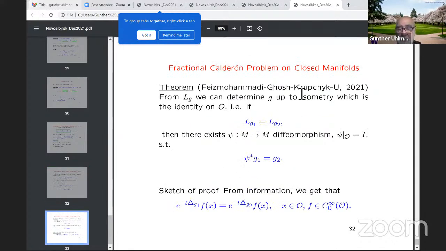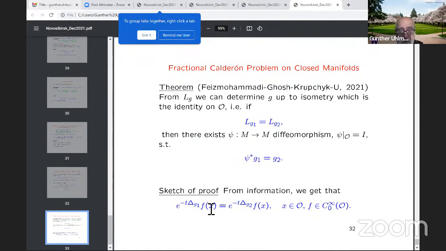And we just proved, the preprint was posted in the archive last week, that from the fractional operator, we can determine the metric up to change of variable, which is the identity in the open set. This result is absolutely not known for the Calderon problem. In general, this is true for any dimension bigger or equal than 2.